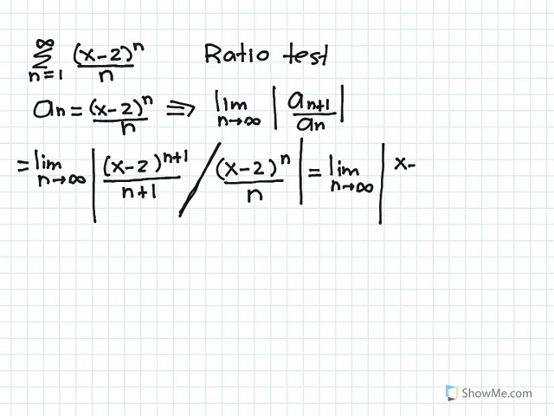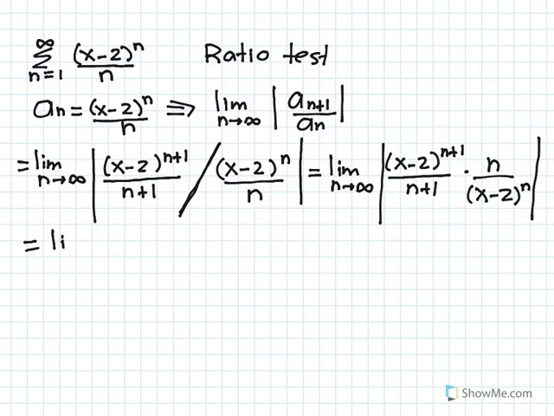So we get (x minus 2) to the power of n plus 1 divided by n plus 1, times n divided by (x minus 2) to the power of n. Simplifying, because we have the same base, we subtract the exponents, and we get the limit of the absolute value of x minus 2 times n divided by n plus 1.